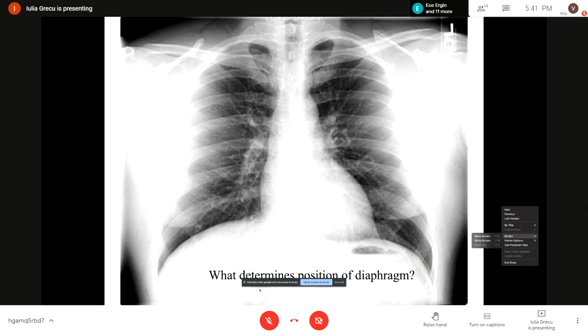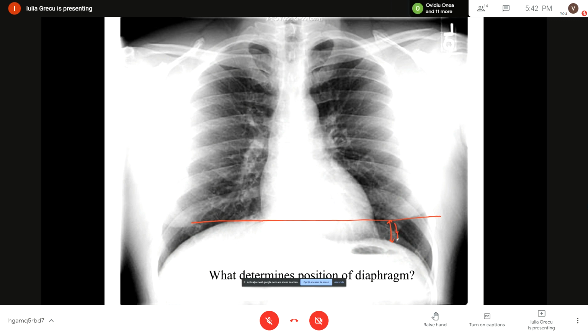Normally the right diaphragm is situated a bit higher than the left. It is because of the underlying liver that is sitting here on the right, and we usually assess it like this. So this is the margin of the right diaphragm, and we draw a line that crosses the most superior aspect of the right diaphragm, and we measure the distance between this line and the left diaphragm.